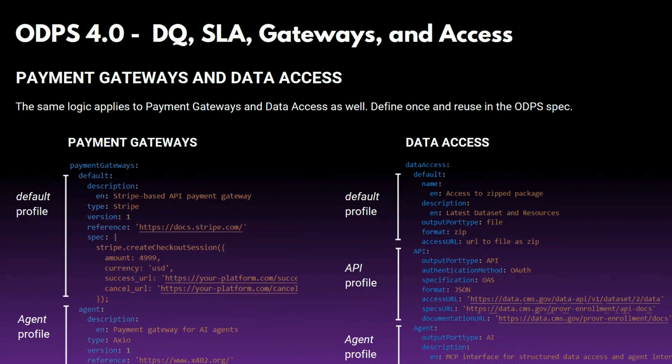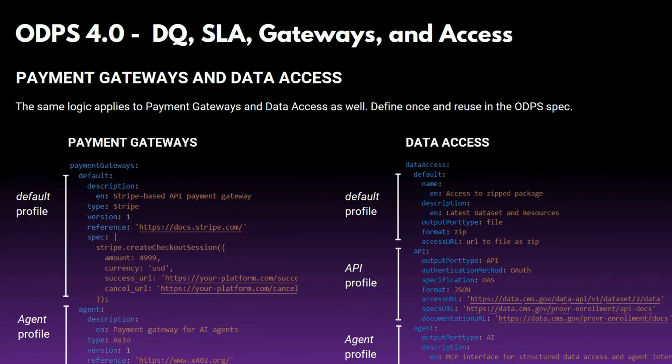And the third plan is intended for the AI agents, and in that case you might have an MCP server as an access point. So the data access enables you, in one spec, to actually define the pricing plans per customer profiles. Previously this was not possible.